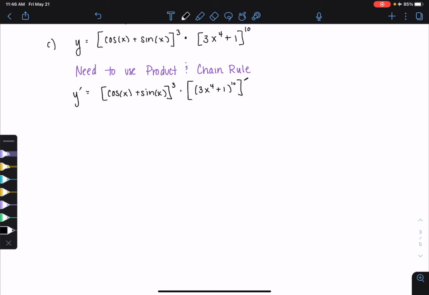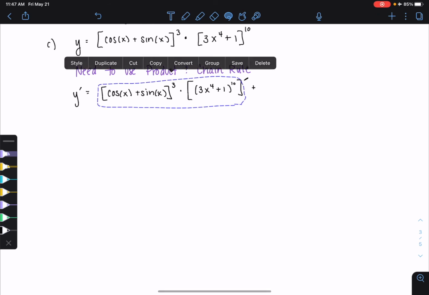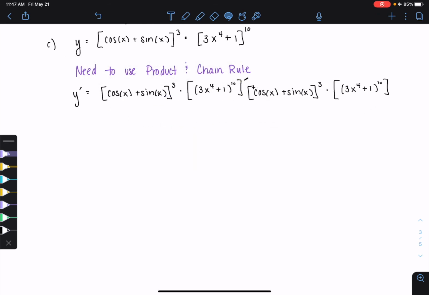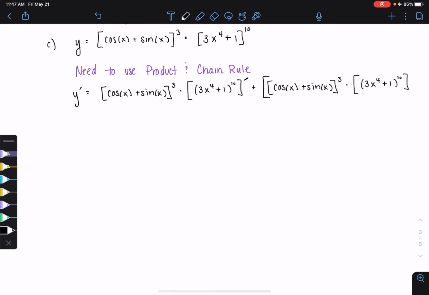Okay. Now we want to differentiate the first piece. So I'm really going to copy and paste this. And my derivative location changes. So I take the derivative of the first one, which I'm going to have to use chain rule for. So going through these, my first piece does not change.